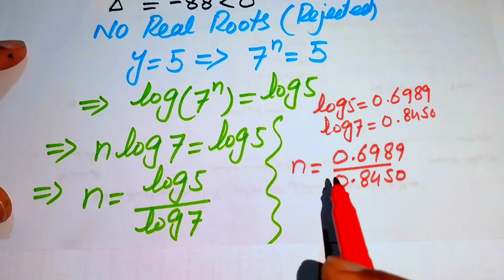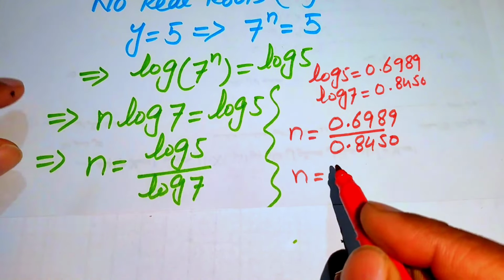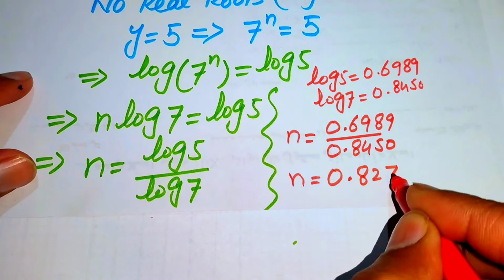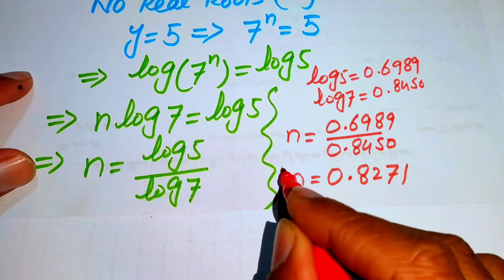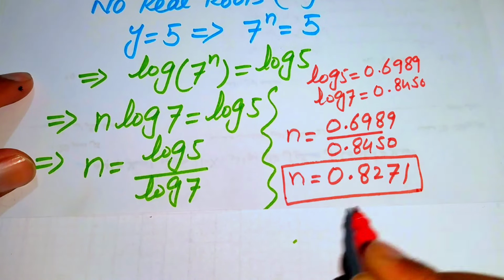Again we use the calculator, and when we divide these two values, you get the value of n equals 0.8271. So this is the final value of n, and this is the final answer.